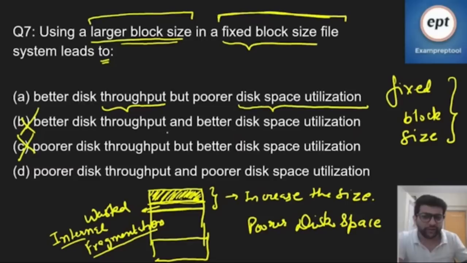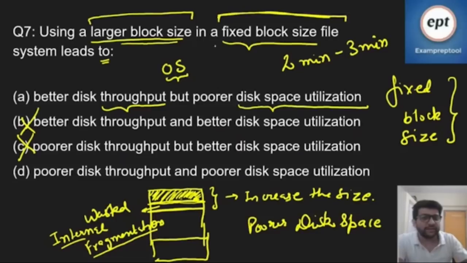Just try to reduce the number of options you have, because you have to save time in the GATE exam, right? We want to solve the question in around 2 minutes to 3 minutes. OS is a subject where we can see these types of theoretical problems, and if we know the concept very clearly, we can try to save some time here.